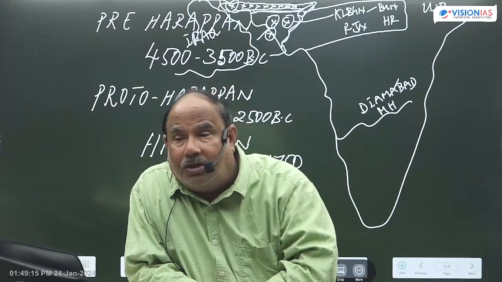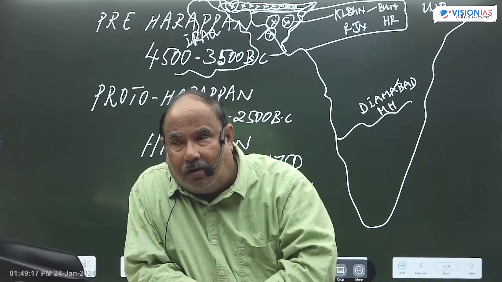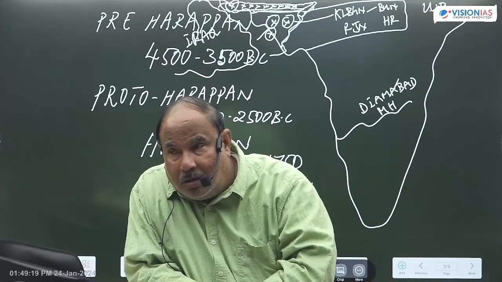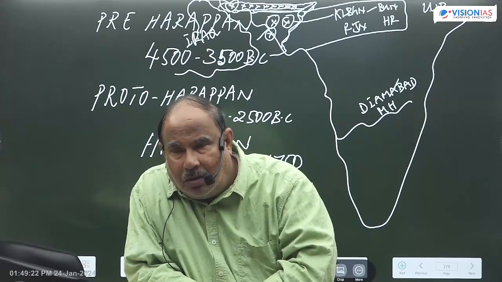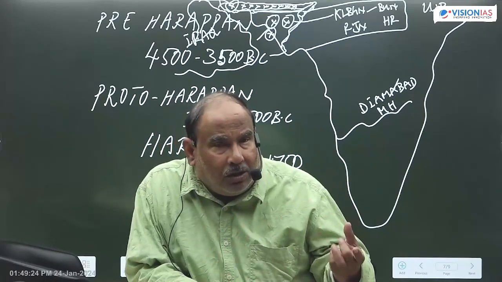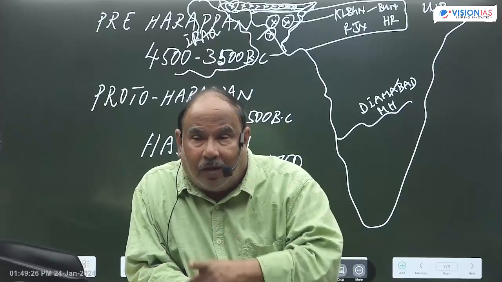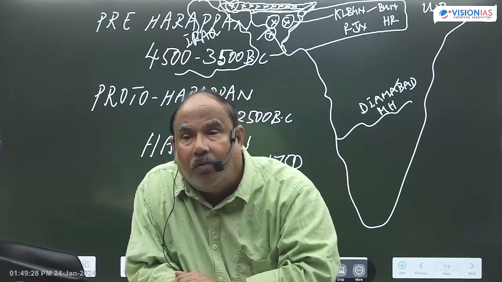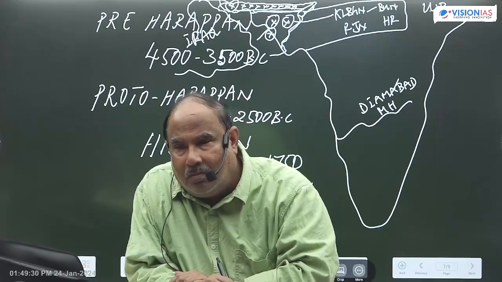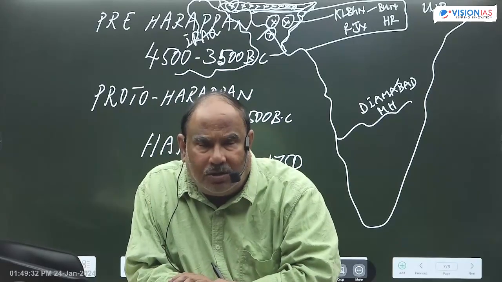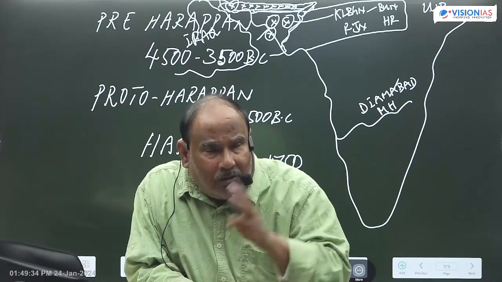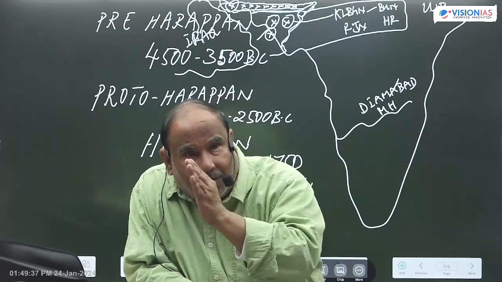But you don't see the continuity of IVC definitely after 1750. In very few places, you see the continuity. That continuity is called post-Harappan. Almost all the Indus Valley cities ended. There in three places, you see the continuity.